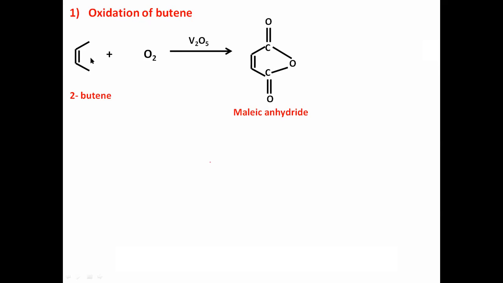Now what about hydrogen? You just count hydrogen. Since it is 2-butene, at this carbon atom only one valence is satisfied, so 3 is remaining. So 3 hydrogen atoms are here. Here 1, 2, 3, and 4 is a hydrogen. Here again 1, 2, 3, and 4 is a hydrogen.